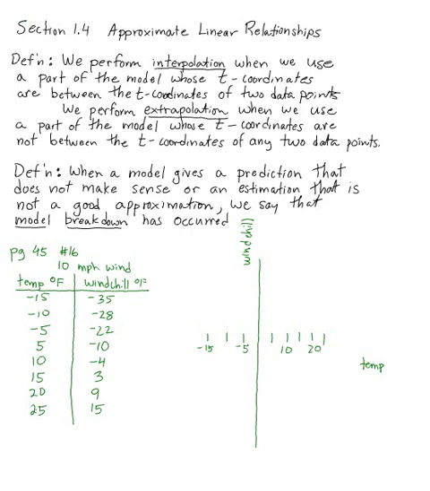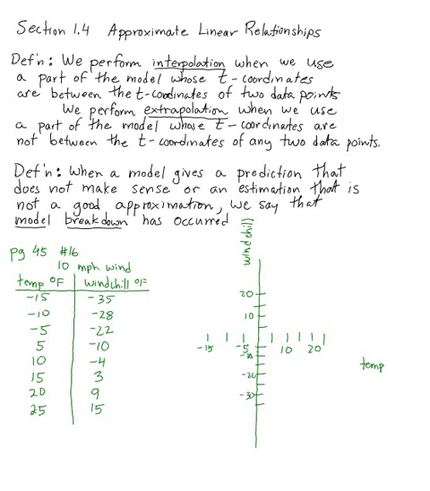My wind chill axis, my y-axis, I've got to go as low as negative 35, as high as 15. Again, I think 5s would probably work all right. 5, 10, 15, 20, 25, 30, 35. And then this way, 5, 10, 15, 20. So 10, 20, negative 10, negative 20, negative 30.